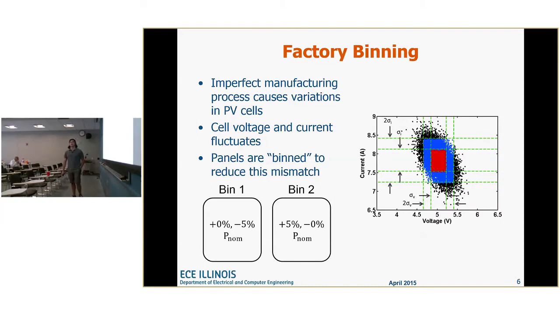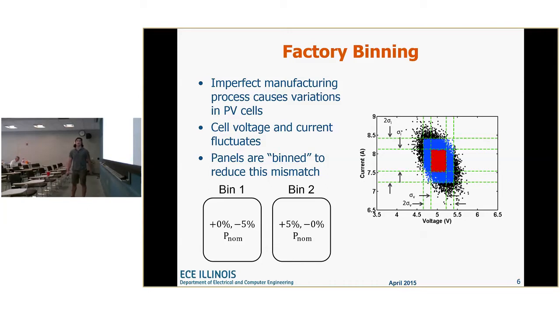One source of mismatch is factory binning. Due to the manufacturing process of PV cells being imperfect, we get fluctuations in current and voltage of our cells that come off the factory line. Since our panels are composed of these PV cells, we see these same variations in the end product PV panel.